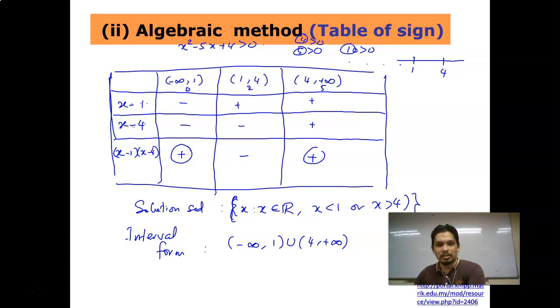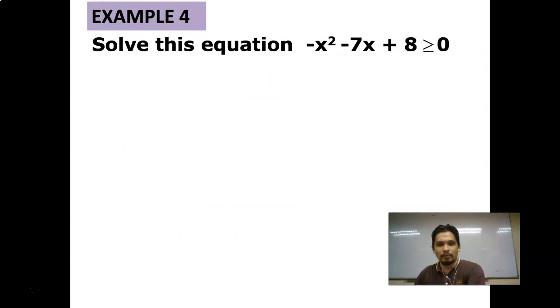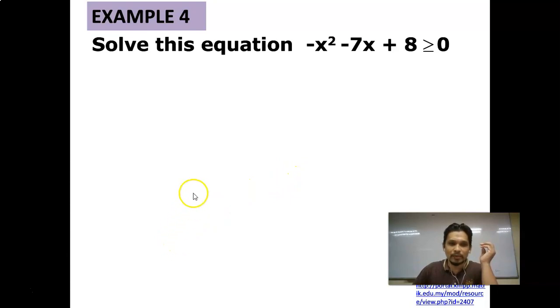Okay, so class, example 4. Can I just leave it to all of you to try? Try to solve this question, and I will give you the final answer for this example. Just now, we discussed how to solve these inequalities using the graphical method, number line, and also table of sign. So choose any of those three methods which you prefer, and then try to solve this question.